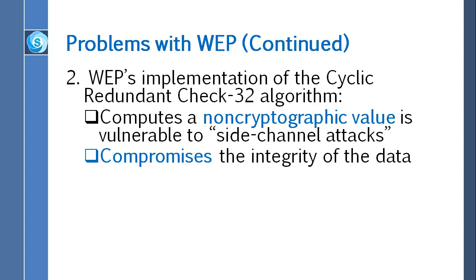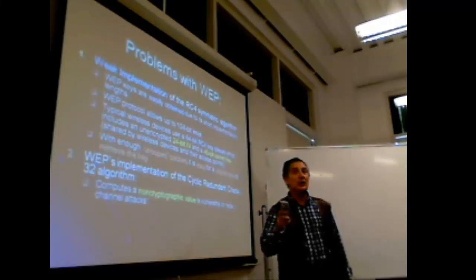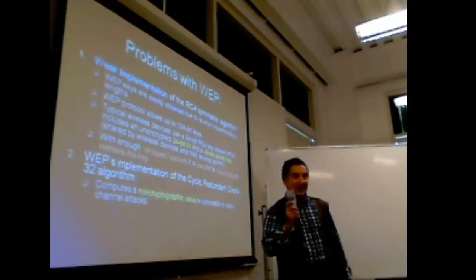But what we can do over here is, while changing the message, you're going to change the content of the message in a way that produces the same CRC as the original message. So when you send the changed message to the destination, the destination will not be able to detect any changes in the original message.